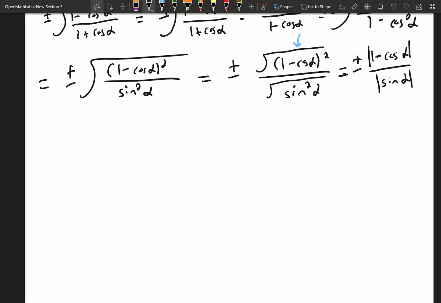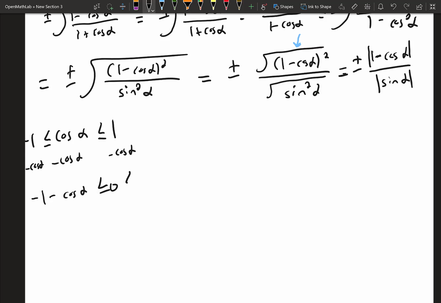If we think about cosine alpha, this is in between negative 1 and 1, right? And then if I subtract cosine of alpha from both sides, what we get is negative 1 minus cosine of alpha less than or equal to 0, less than or equal to 1 minus cosine of alpha.